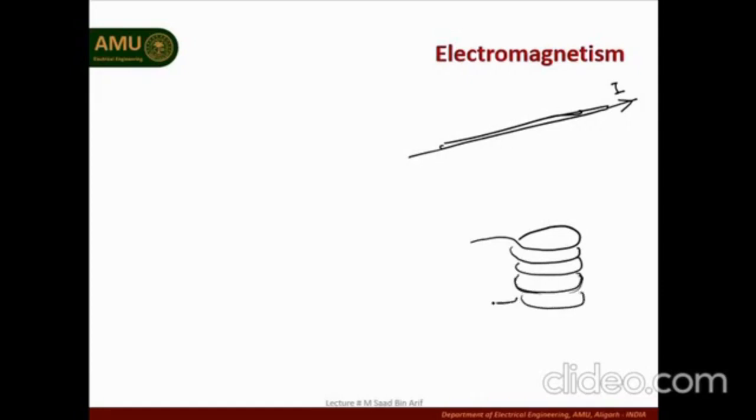Now if we wind the same conductor in the form of a coil like this, there are a number of turns in the coil, and the end of the coil is like this. This is the arrangement of turns in the coil.